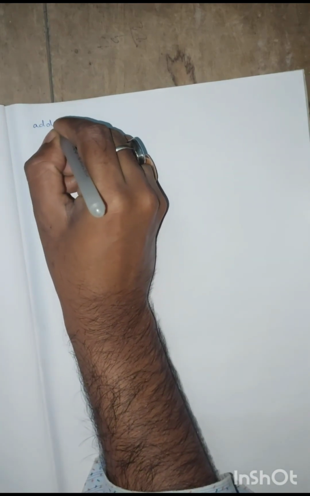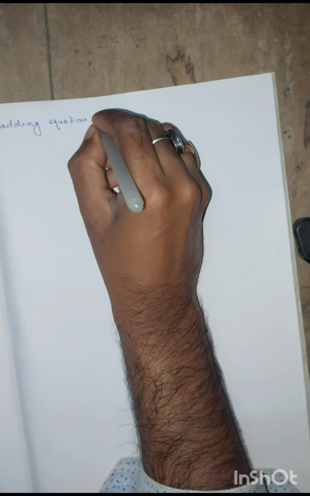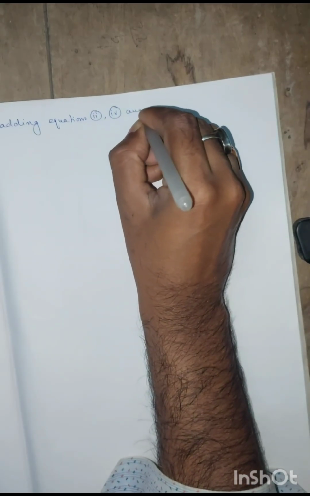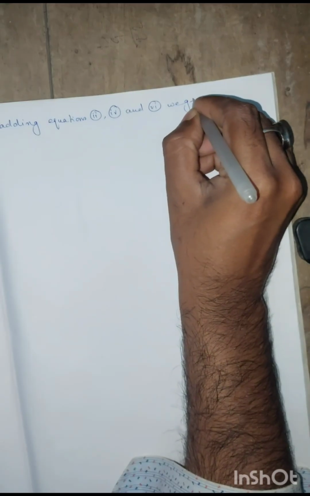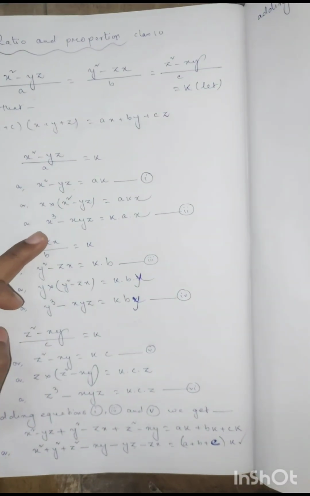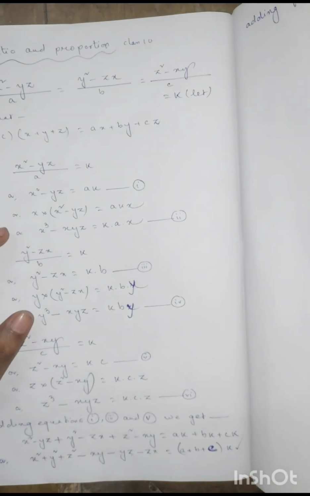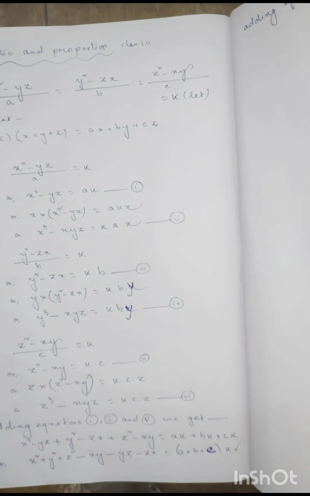Adding equation 2, 4 and 6, we are adding the left side first.